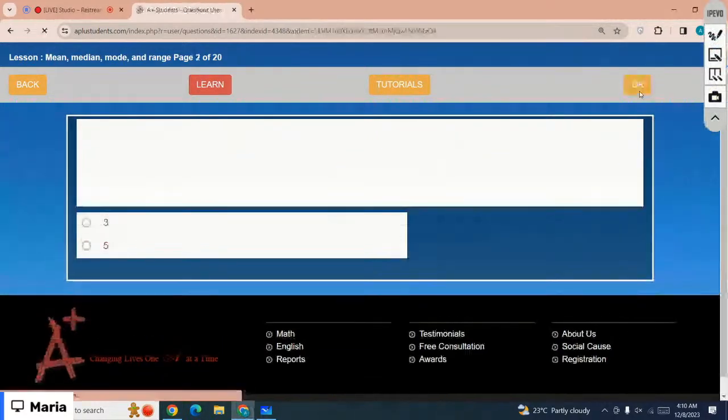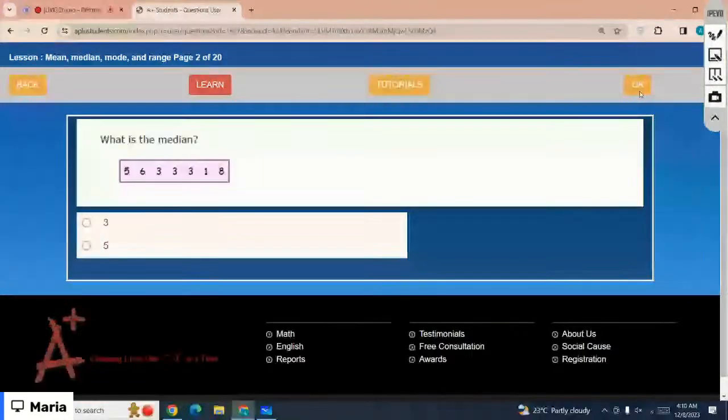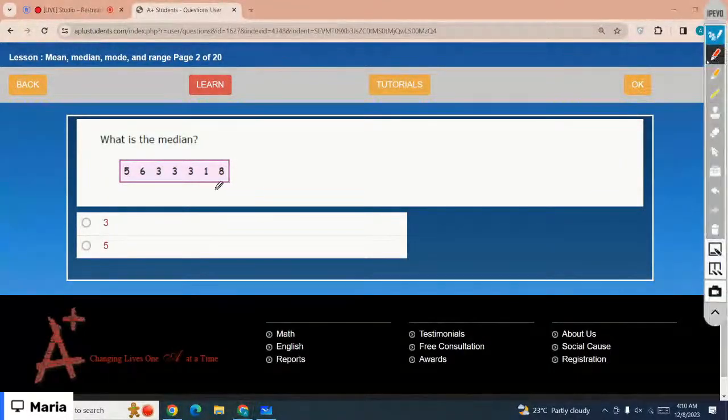The next example is, what is the median? I've already told you the median is the middle number of the data. Let's arrange these numbers in order: 1, 3, 3, 3, 5, 6 and 8. The middle number here: 1, 2, 3, 4, 5, 6, 7.